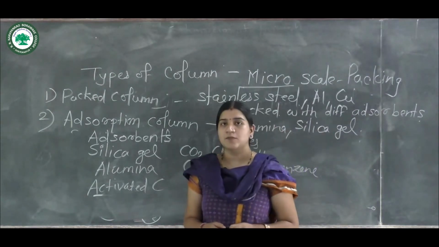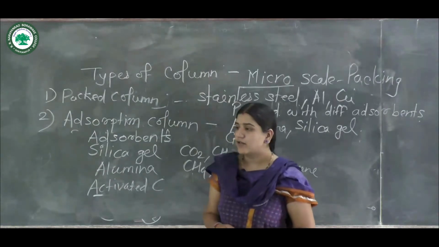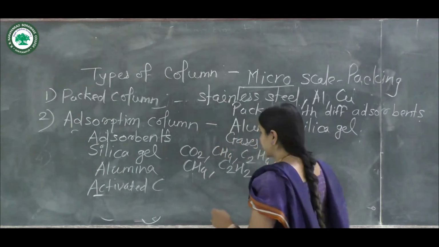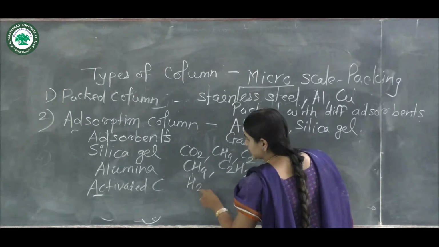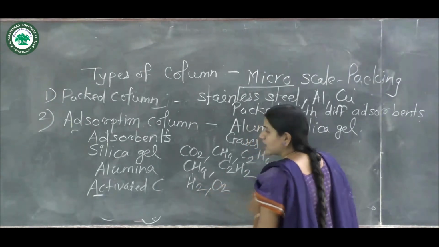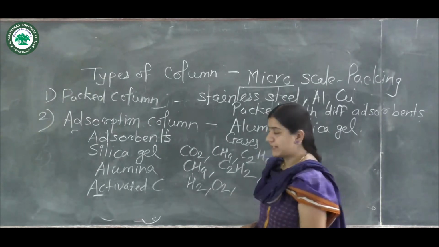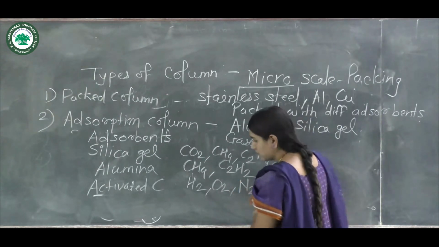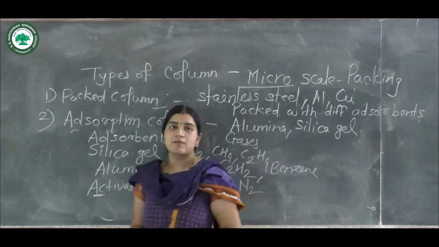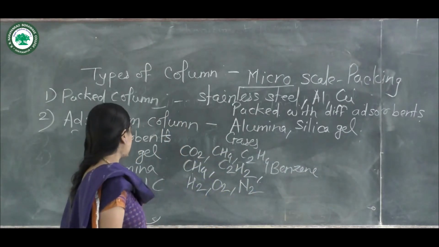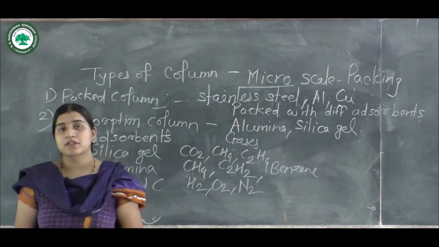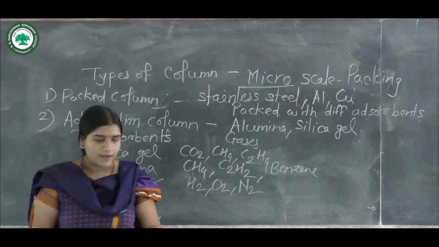Adsorbents such as alumina are used for these. Now the next category is activated carbon. Activated carbon is used for gases such as hydrogen, oxygen or nitrogen. For this type of gaseous analysis, activated carbon is used as an adsorbent.